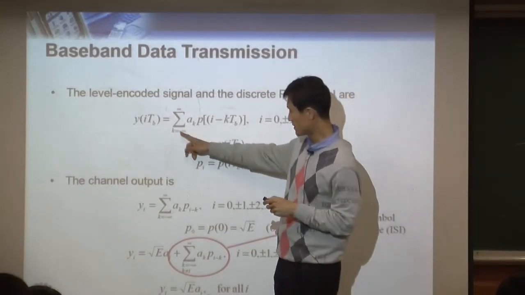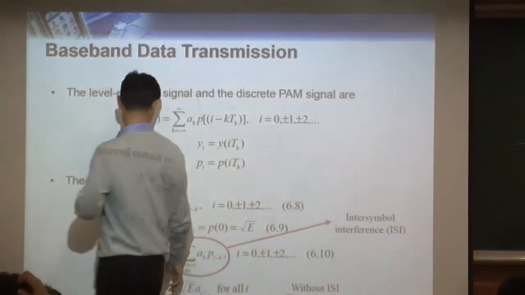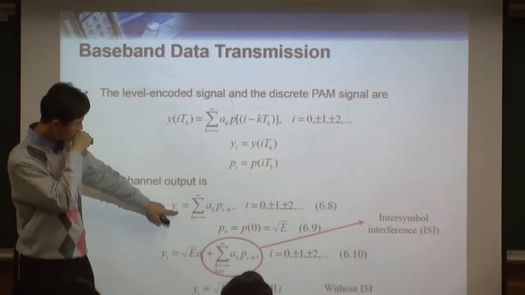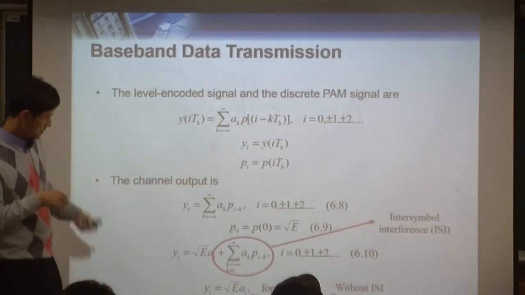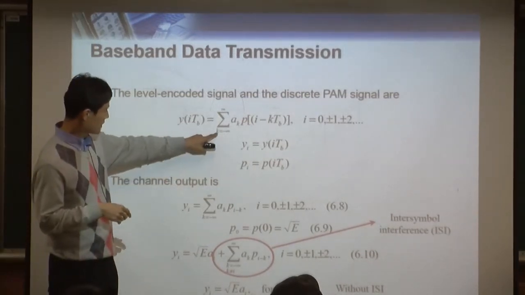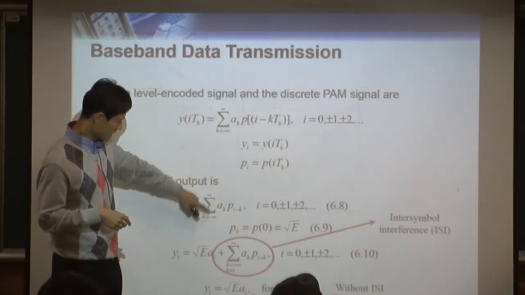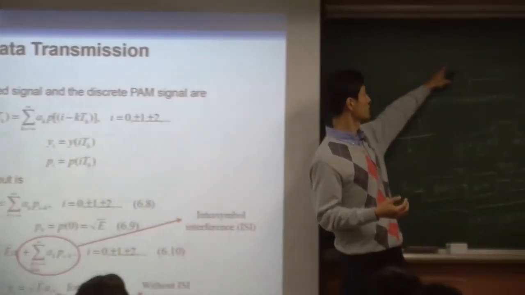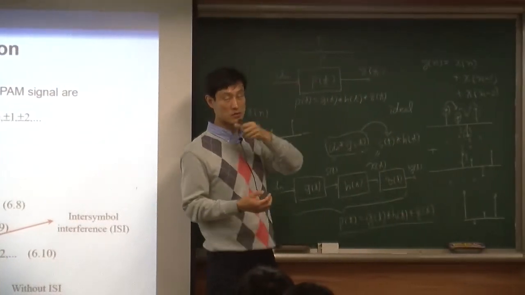In this case, we just bring out the term when the index is 0. When k equals 0, just make it separate. Why do we make it separate? Because we want to get this kind of impulse response.